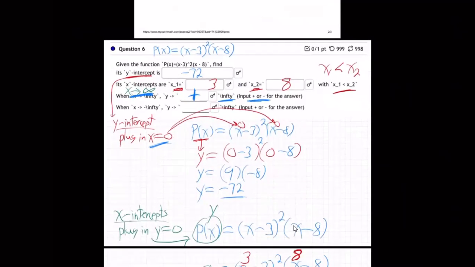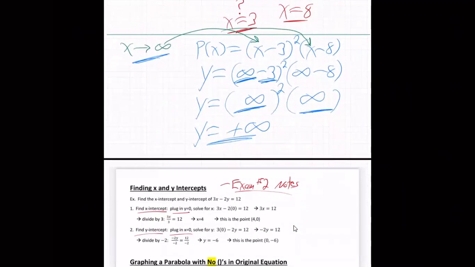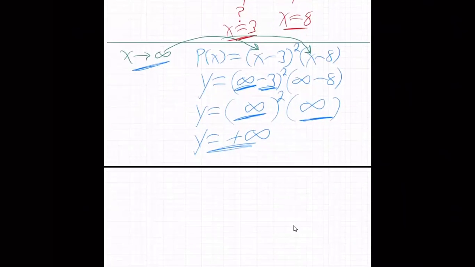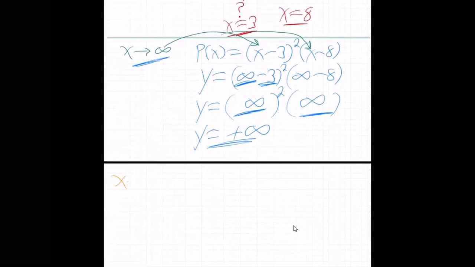Now let's do the next part. On the next part, they're saying, okay, now X is going to negative infinity. What is Y going to do? So let's come on down. We'll have to do that one too. So now X is going to negative infinity.